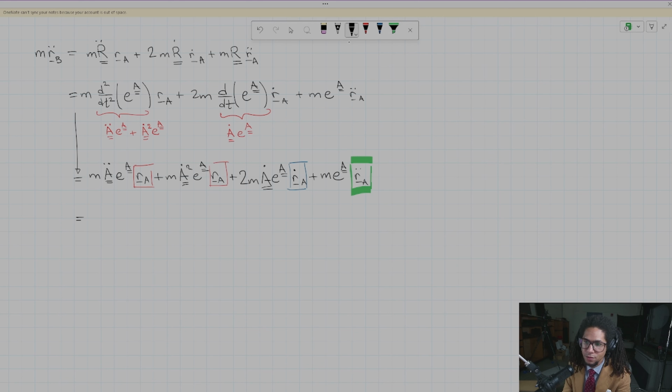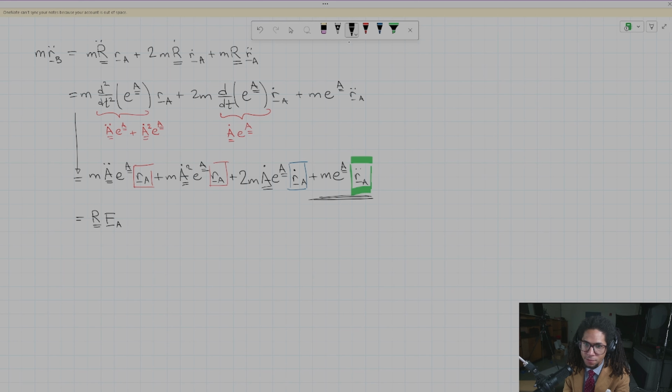Okay. Once again, actually, let's take that last term, this one, and note that it's just the rotation, e to the A, of m r_a double dot. So this is, in fact, that first term, if I pull it to the front, is just R times F_a.